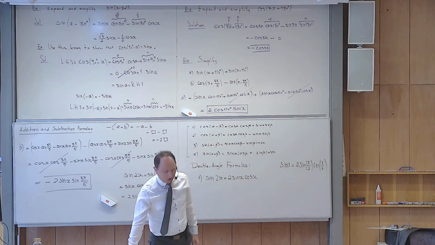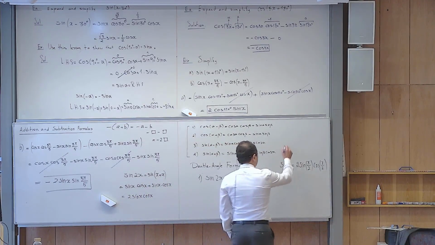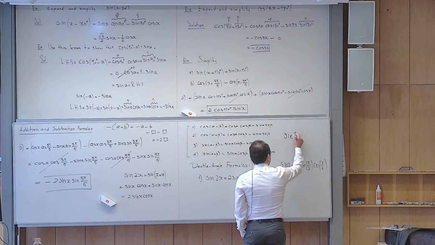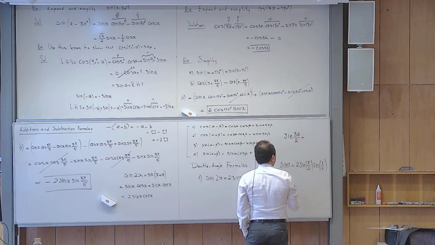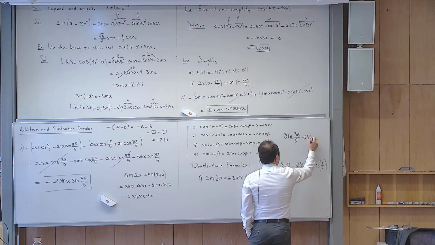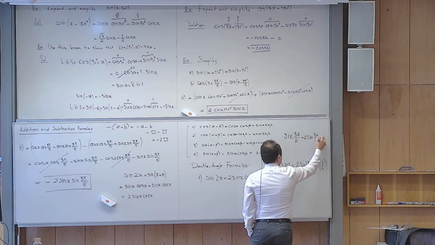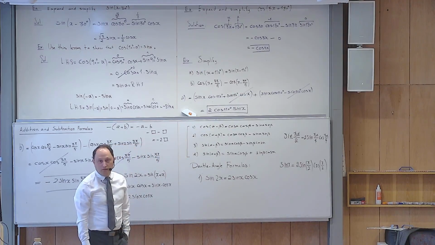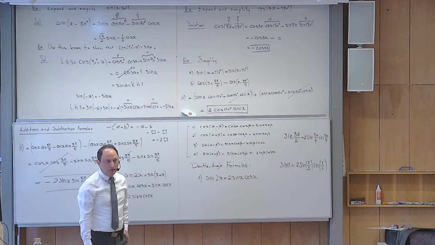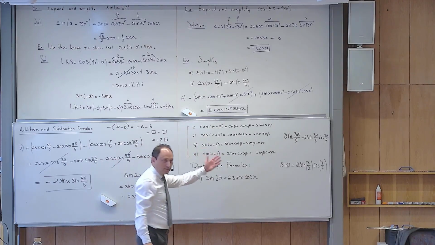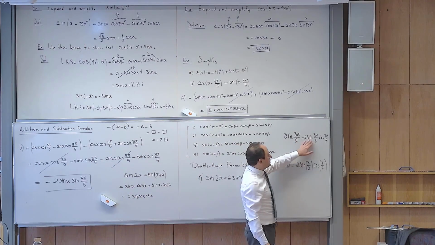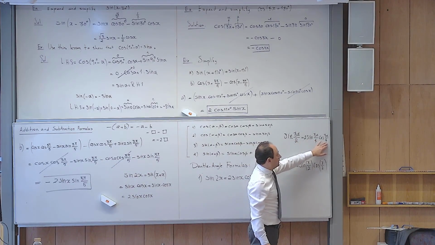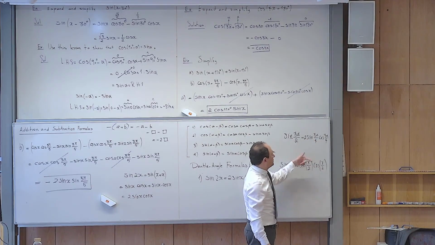Okay, so for example, how many of you agree with this one? Is that right or wrong? That's the same thing. True or false? Yes? 2 times sine of an angle times cosine of the angle is sine of the double angle.